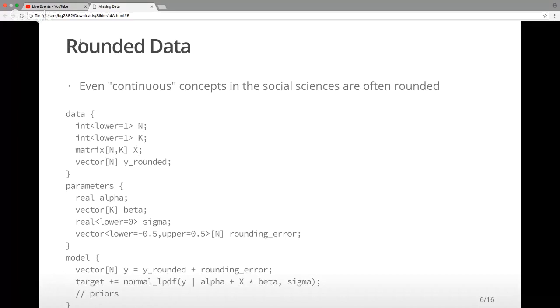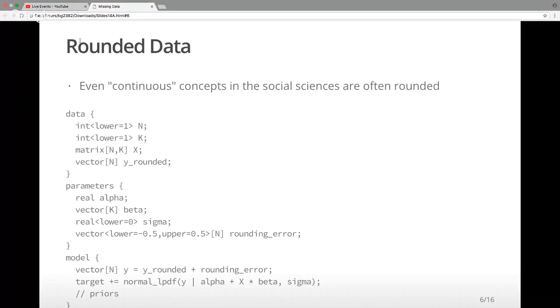You're going to need priors on alpha and beta and sigma here, but in this case, if we're just talking about plus or minus 0.5, having a uniform between -0.5 and +0.5 on the rounding error wouldn't be the worst thing in the world. And it's probably hard to do much better than that.